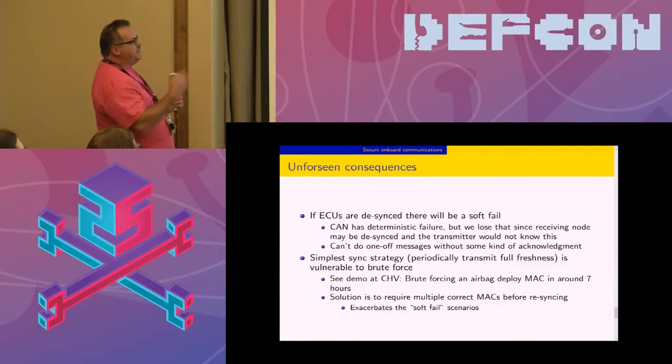But the thing is, we have to deal with that in our software. So once we get desynced, it's not like we can just jump back in. We're going to have to figure out how we're going to get that full freshness value in this case. So basically, that's where this demo we can show you over on the other side.